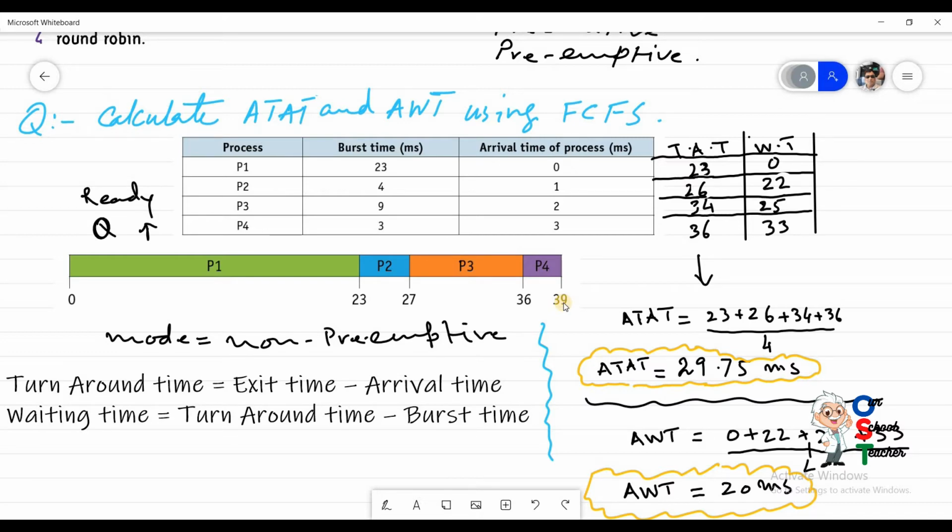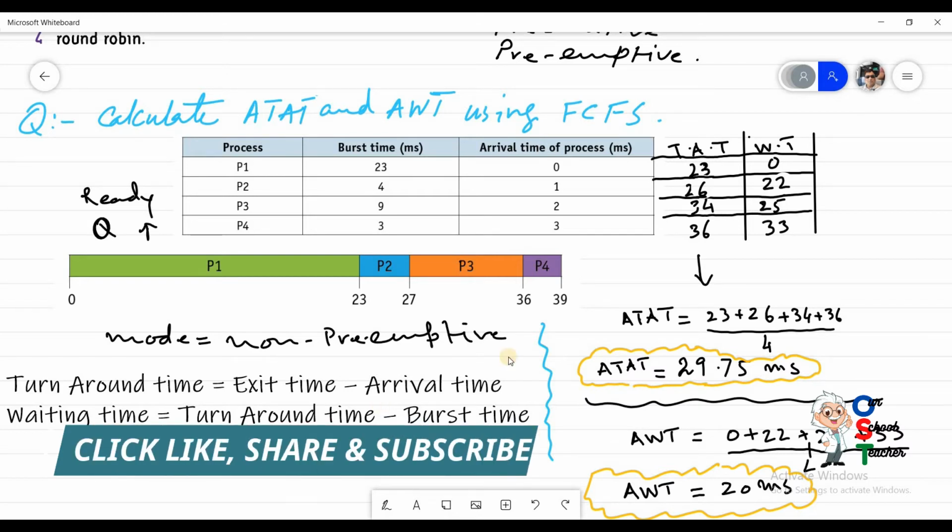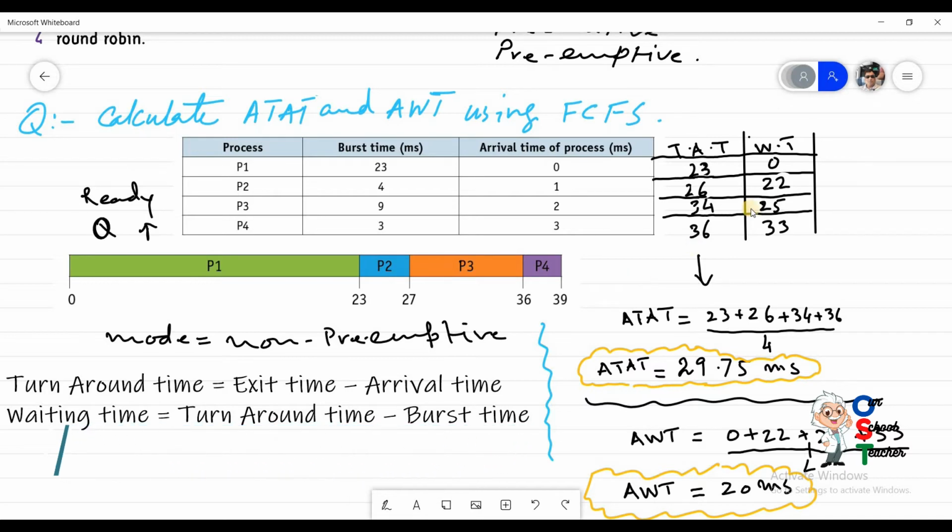Now waiting time is equal to turnaround time minus burst time. So turnaround time we have already calculated, burst time is given. Now we can very easily calculate waiting time for each process.